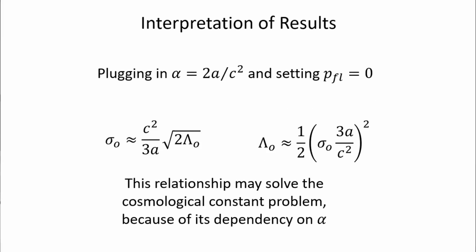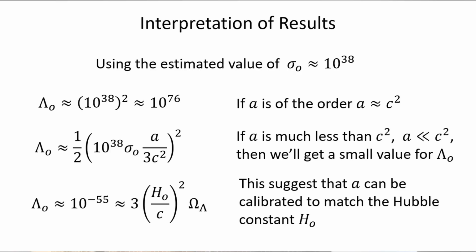But the interesting thing is that with my model, you have an initial value for the temporal coefficient, plus there's this extra alpha term which contains acceleration in it. Now, it seems that we can calibrate this to match cosmological models.